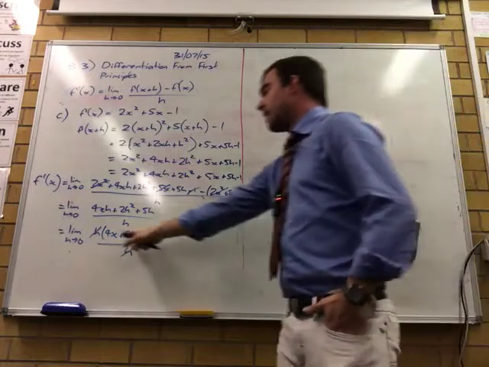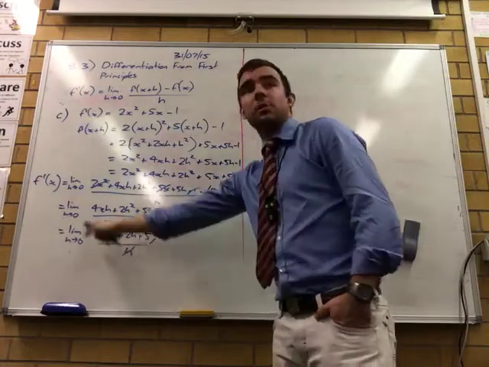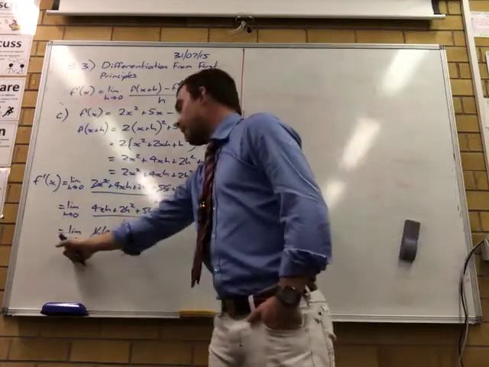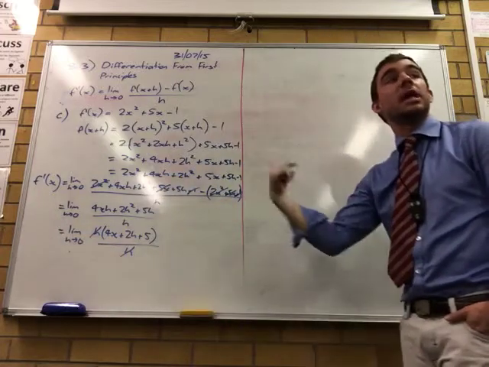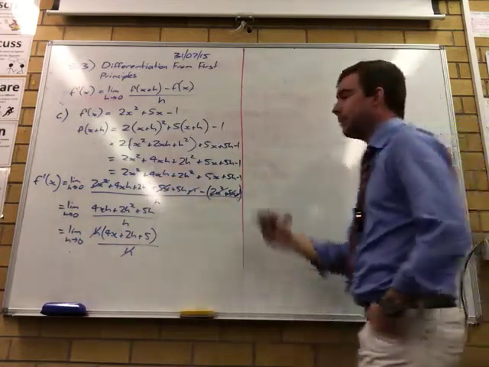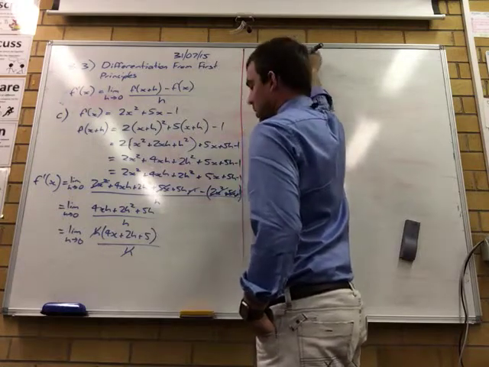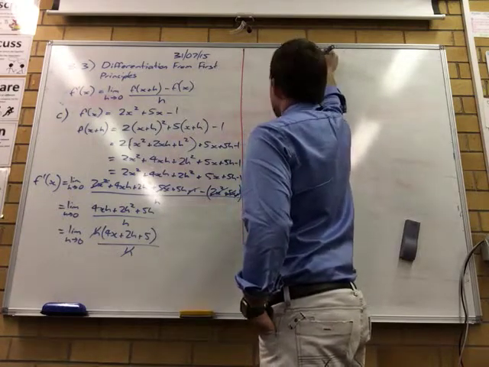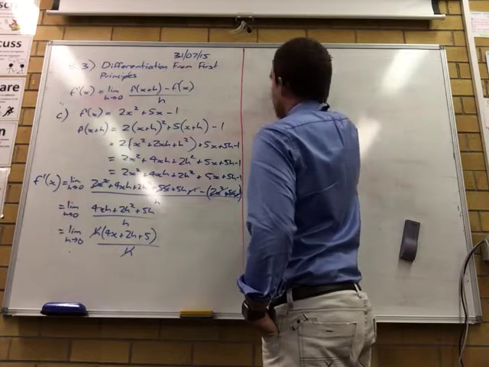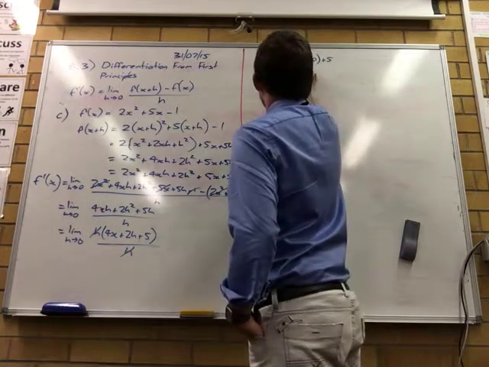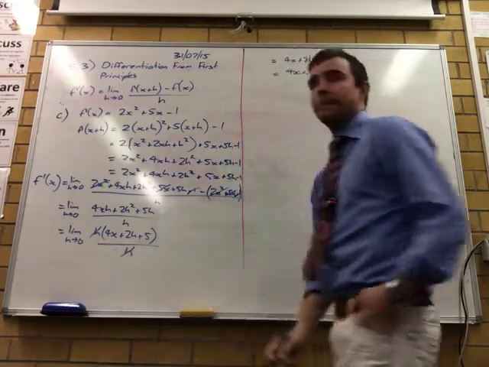Alright, so now that we have got this into simplest form, we can now substitute in the limit value into the expression. So it becomes 4x plus 2 lots of 0 plus 5, which is 4x plus 5.